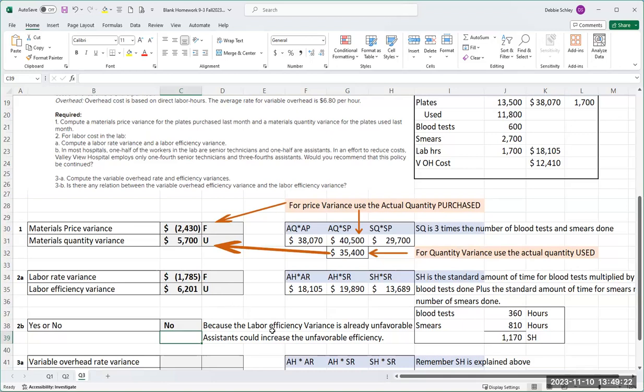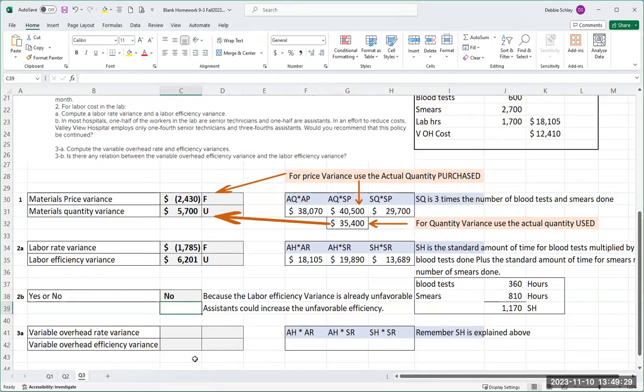Okay, now we're going to talk about the variable overhead rate and efficiency variances. And is there any relation? We'll get there in a minute. Okay, 3A. So again, AH times AR for variable overhead, they gave me as a total. So I don't have to multiply there. Actual hours times standard.